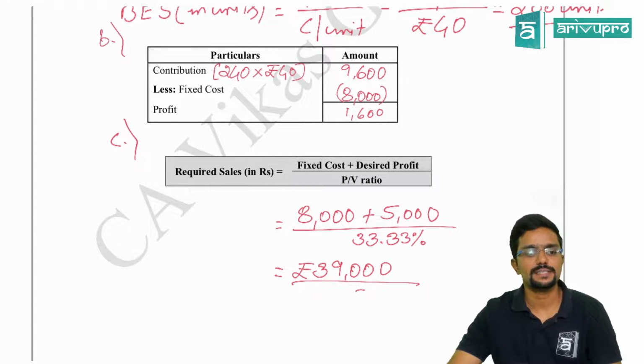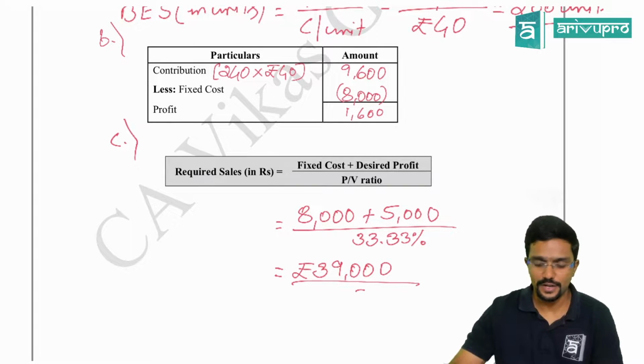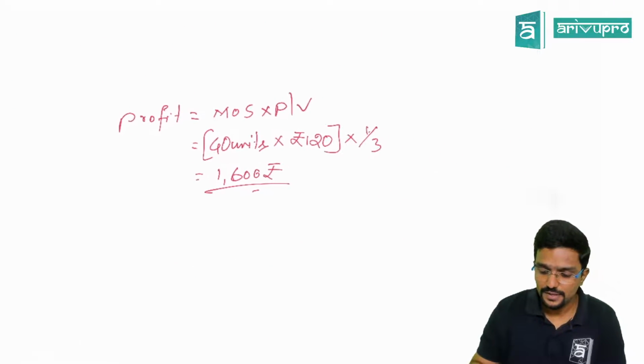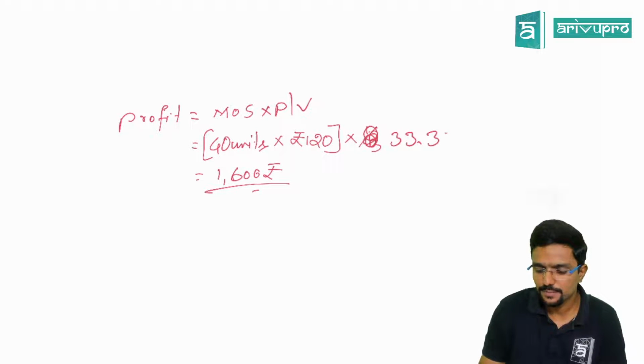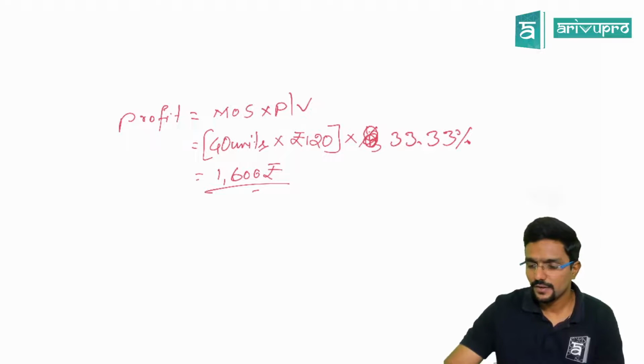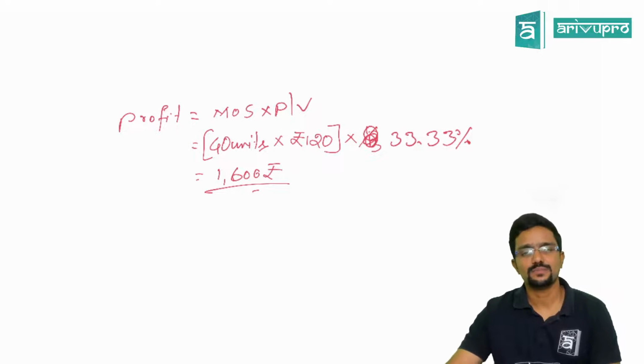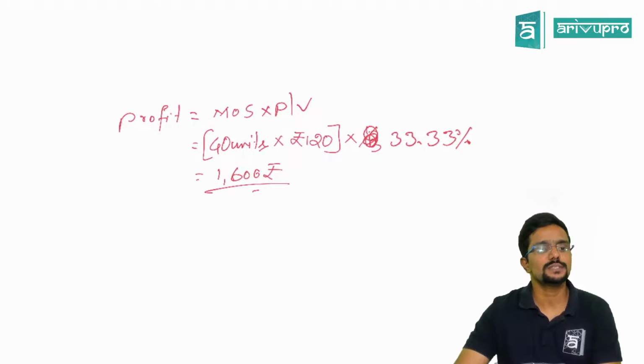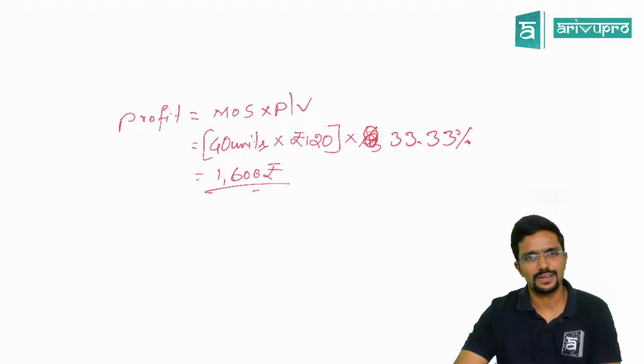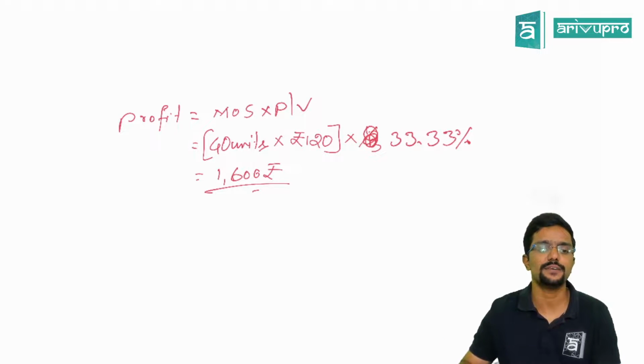Same with respect to this profit: if you use 33.33 percent instead of 1 by 3, 40 into 120 into 33.33 percent, you will get 1,599 point something. So some decimal difference will be there. You can round it up to 1,600. You will get the same answer. Here and there some decimal difference you will get.